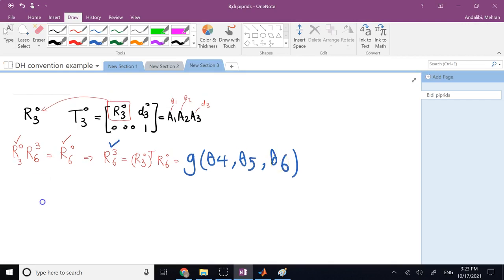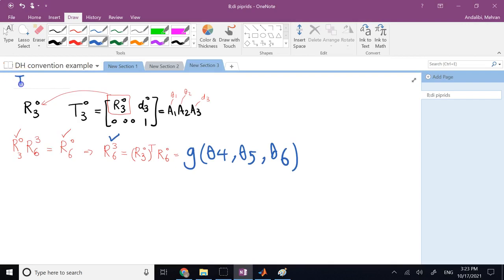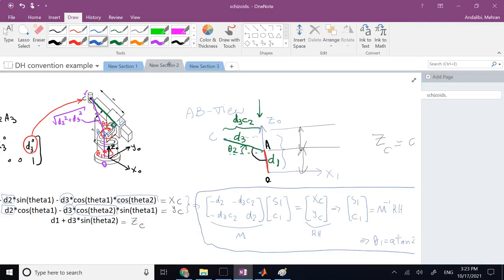And if you remember, for this inverse orientation problem, I told you that for the spherical wrist with the configuration that I showed you, we can easily say that it corresponds to the ZYZ sequence of the Euler angles, right?